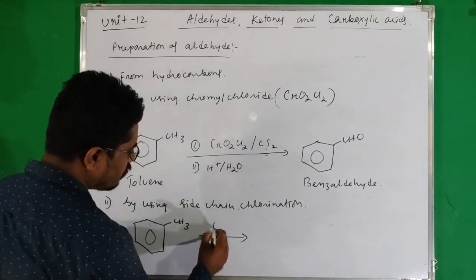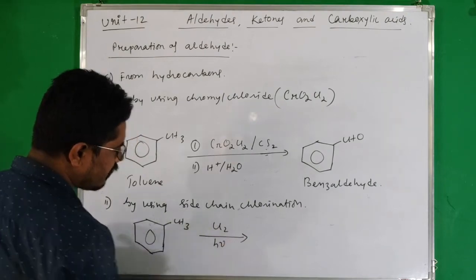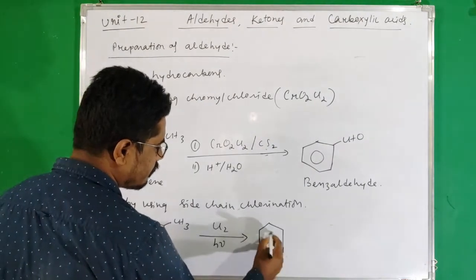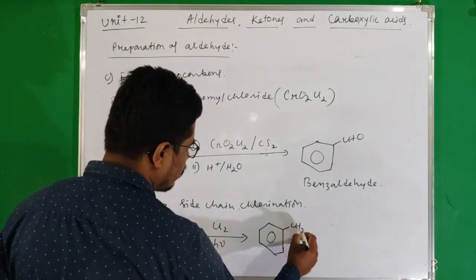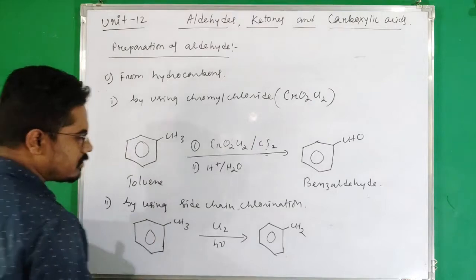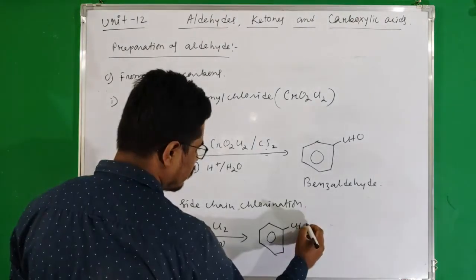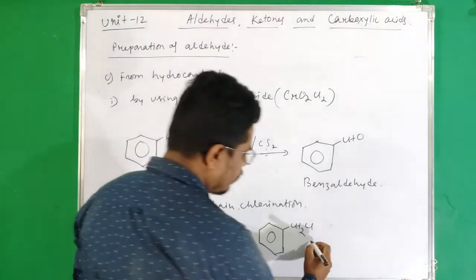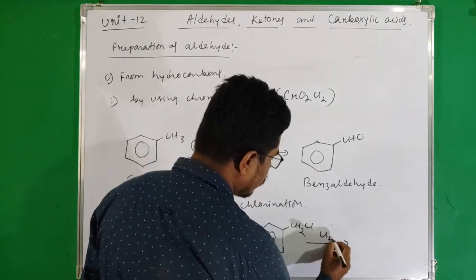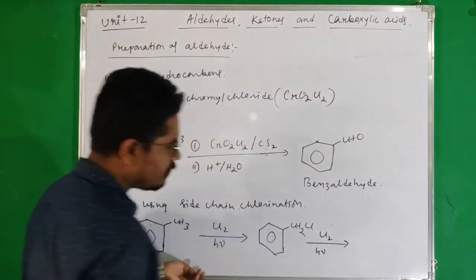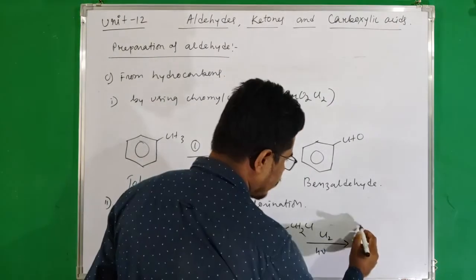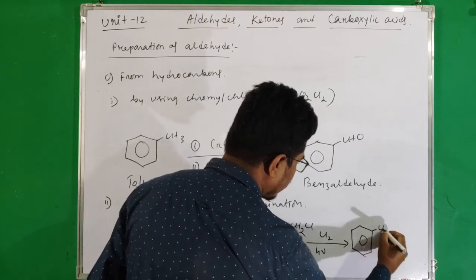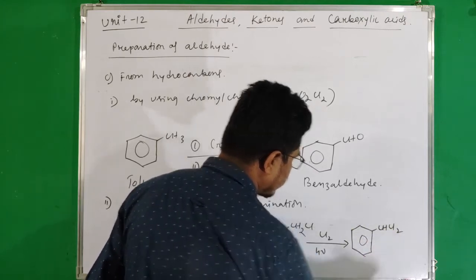When we add chlorine in presence of UV light, one hydrogen will be replaced by chlorine, and the CH3 will convert into CH2Cl. Then again when we use chlorine in presence of UV light or sunlight, another hydrogen will be replaced by chlorine and the product is CHCl2.